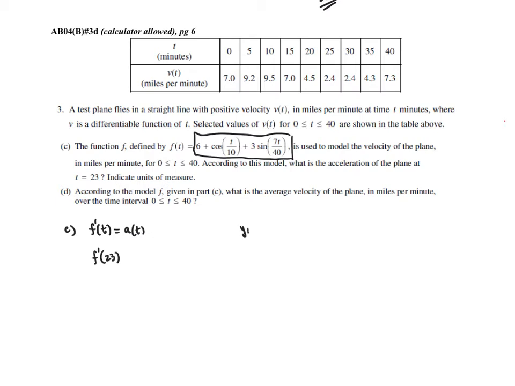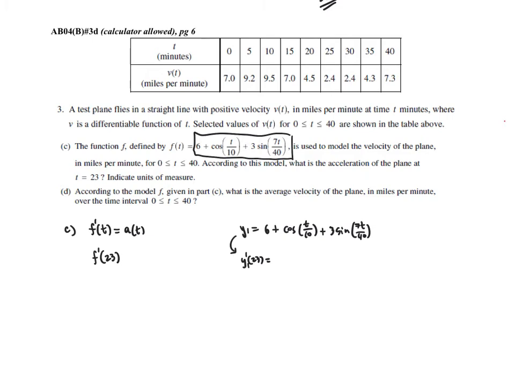I'm going to plug in for y1 my function 6 plus cosine of t over 10 plus 3 sine of 7t over 40. And what I'm going to do is find y1 prime at 23 using my math8 function on my calculator. I'll come back with an answer in just a moment. I think I might have said I was going to use my math9 function. I'm actually using math8 to go from any function to its derivative.